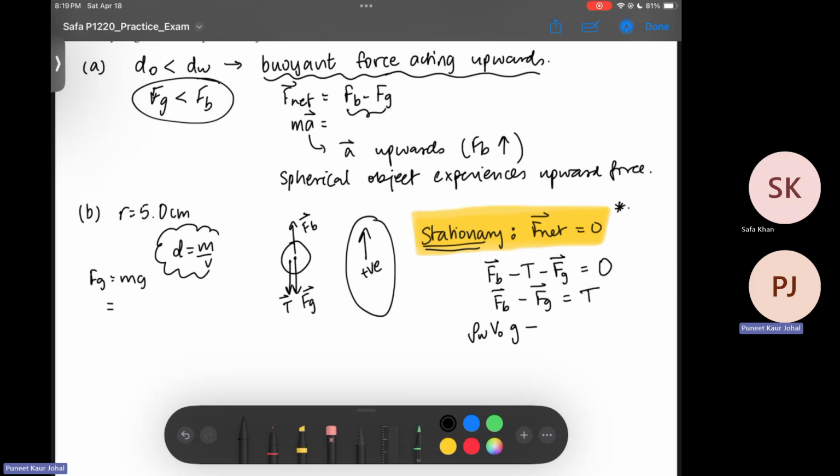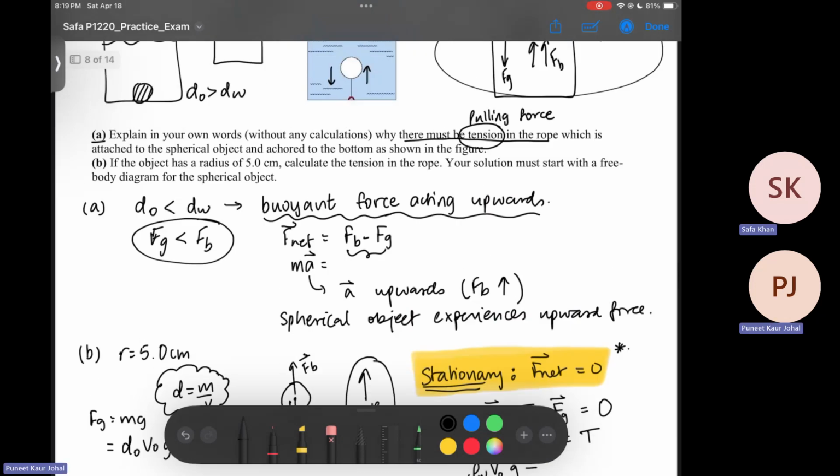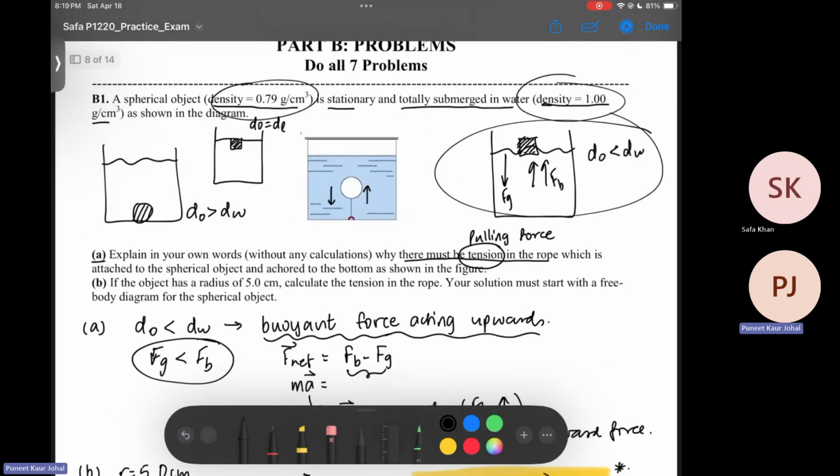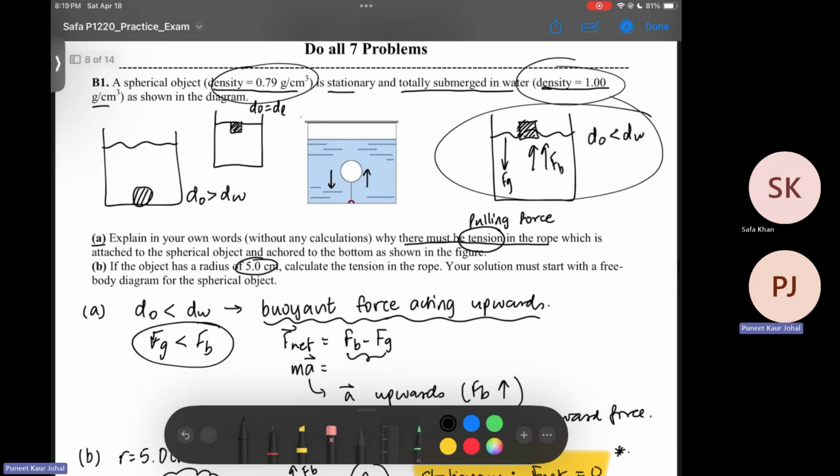So I can just use the density and volume of the object to replace m. And they gave us the density and the radius, so we can easily calculate the volume.